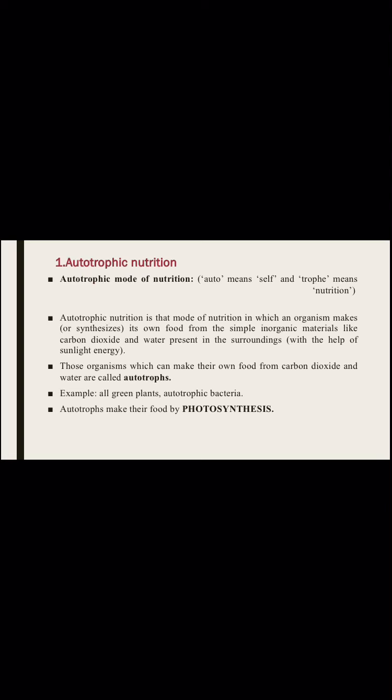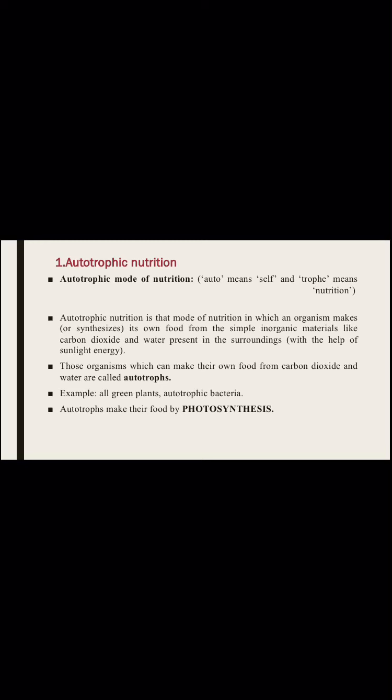So the nutrients are prepared by themselves. Not going to the kitchen and cooking, but preparing the food themselves in raw form. Who does the autotrophic mode of nutrition? As we know, it is performed by green plants, blue-green algae, some forms of green bacteria, and so on.